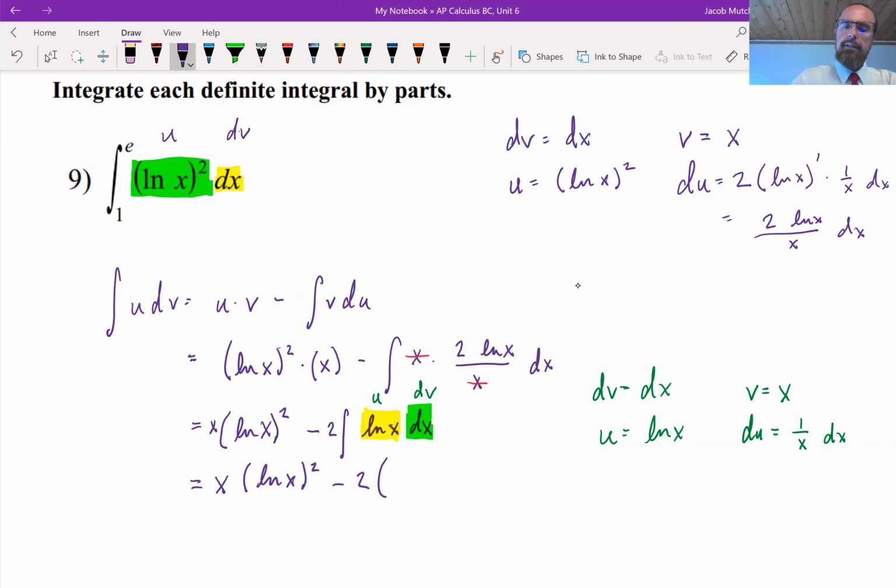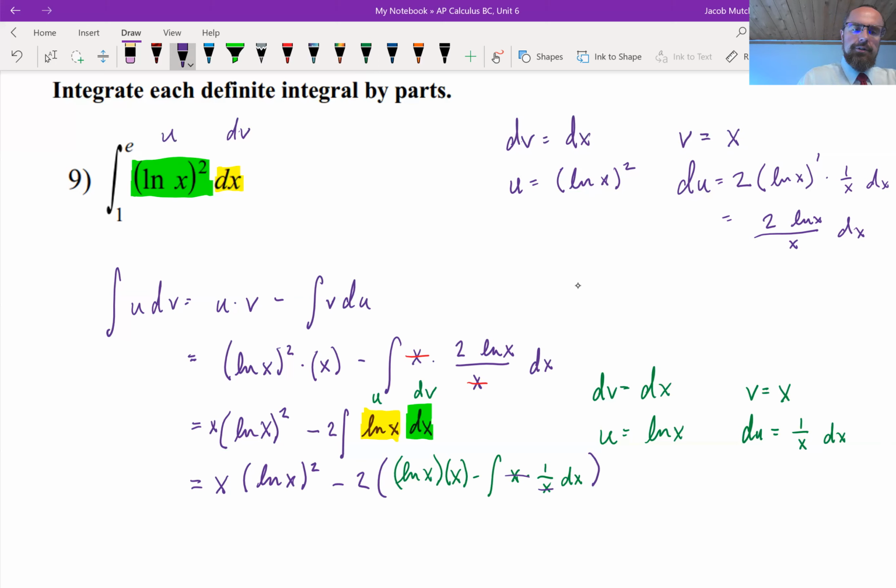And then I'm going to fill in with my parts here. So again, it's the same pattern, u times v. So natural log of x times x minus the integration of x, which is my v, du is 1 over x dx. And with that second round of integration by parts, I have a cancellation, my x's again.